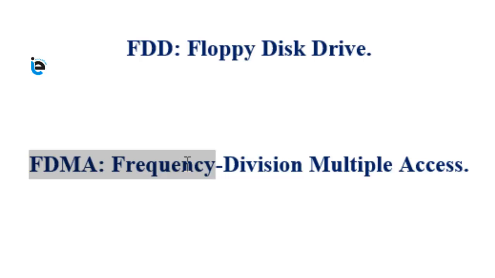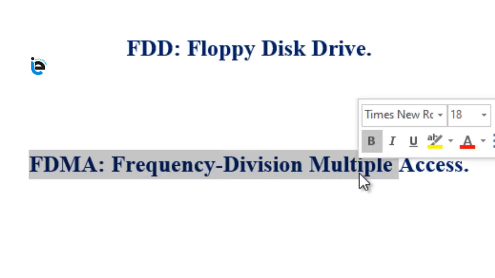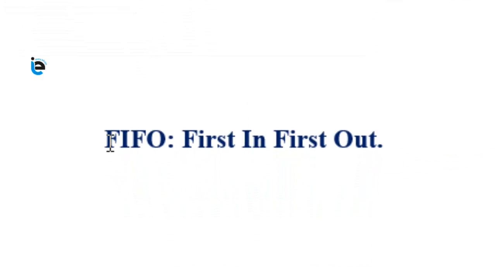FDMA stands for Frequency Division Multiple Access. FIFO stands for First In, First Out. This term is used in data structures, even in C or C++ or in other languages.